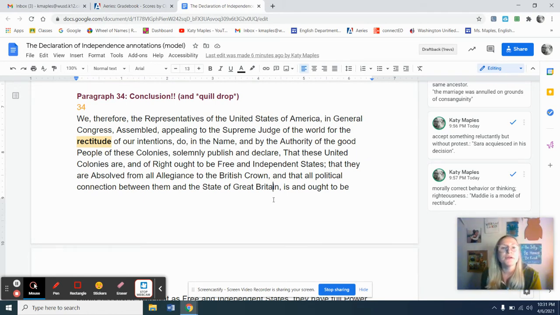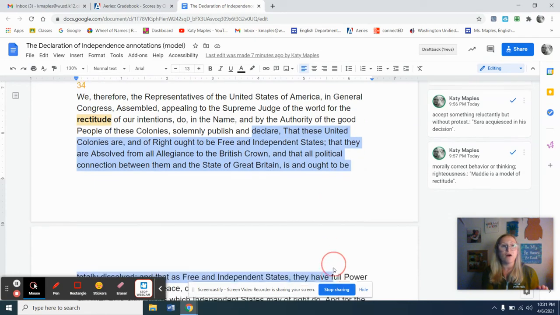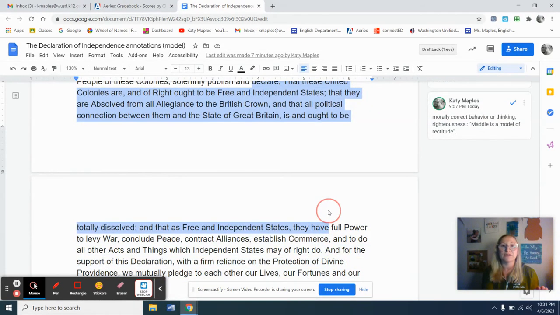We, therefore, the representatives of the United States of America in General Congress assembled, appealing to the Supreme Judge of the world for rectitude of our intentions, do in the name and by the authority of the good people of these colonies solemnly publish and declare, lots of words, here's the part that matters, that these united colonies are, and of right ought to be, free and independent states, that they are absolved from all allegiance to the British Crown, and that all political connection between them and the state of Great Britain is and ought to be totally dissolved. It's done. We are never, ever getting back together. It's over. Okay?